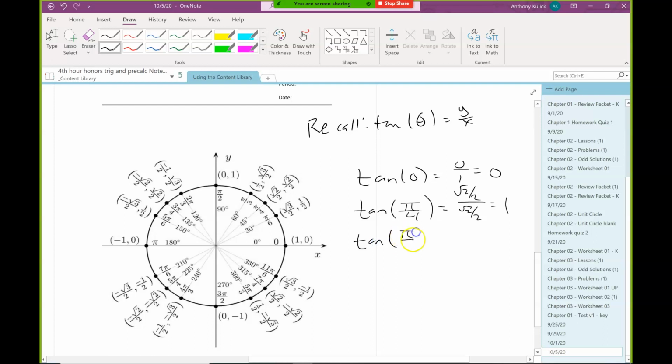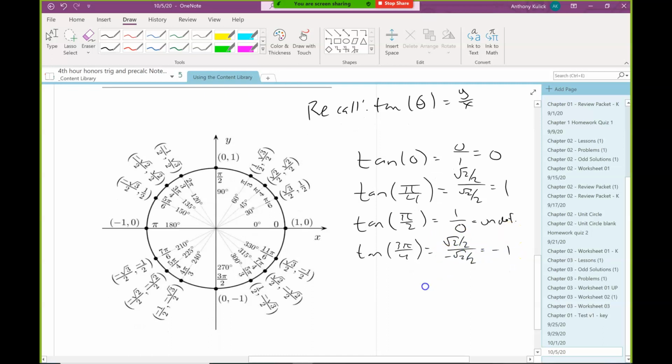Tangent of pi over 2 is going to equal 1 over 0, which is undefined. Everybody's okay still so far? Okay. Tangent of 3 pi over 4 is going to equal root 2 over 2 over negative root 2 over 2, which is negative 1.